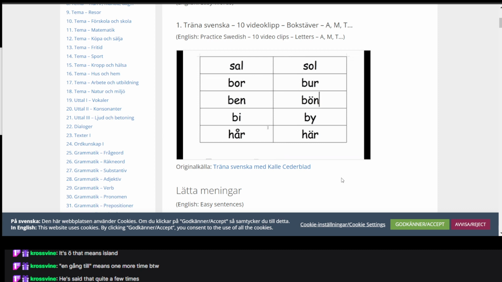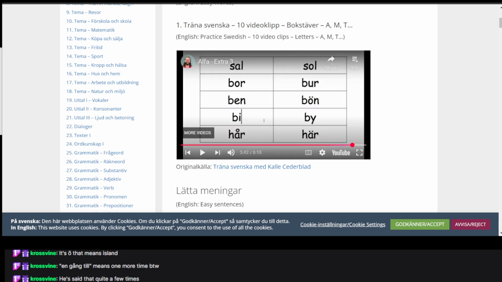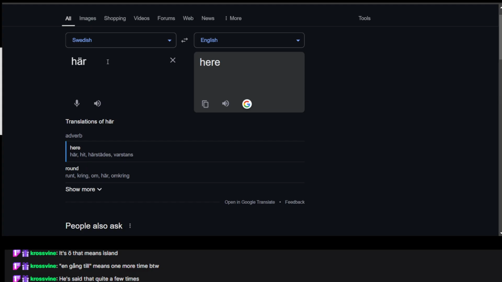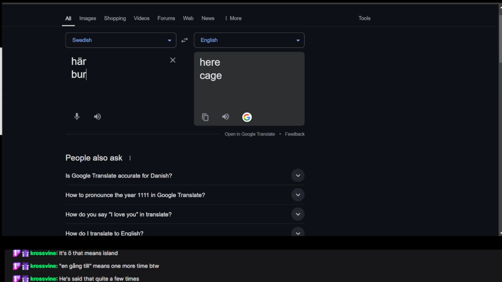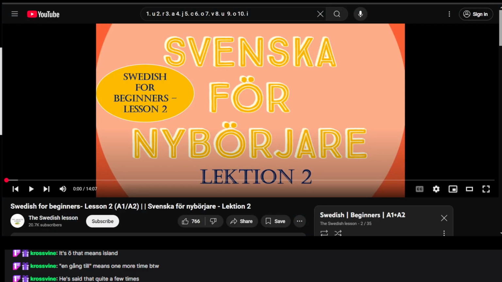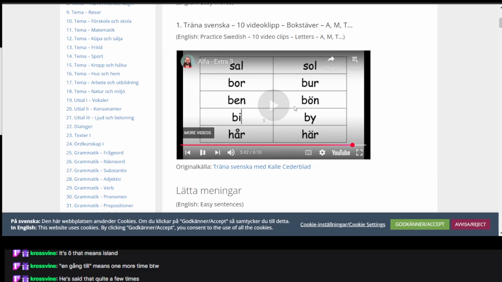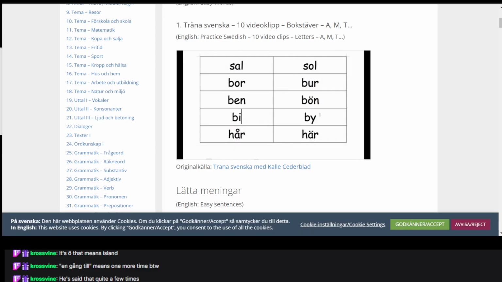Bön. What was this one? Wait, cage. Bil. Hår.